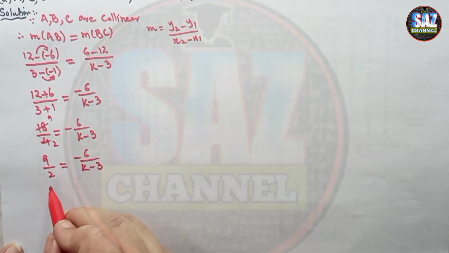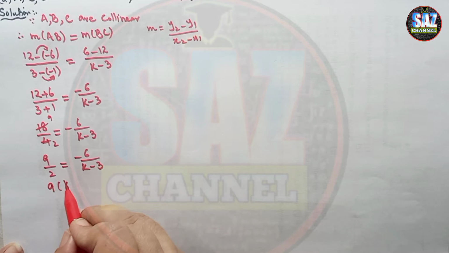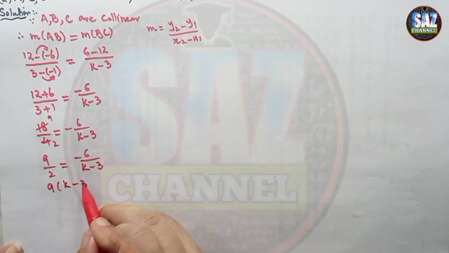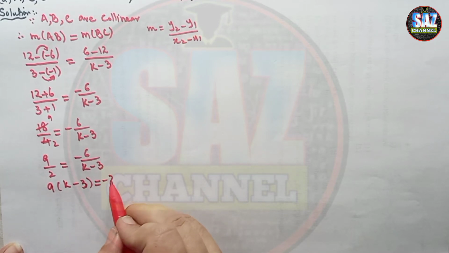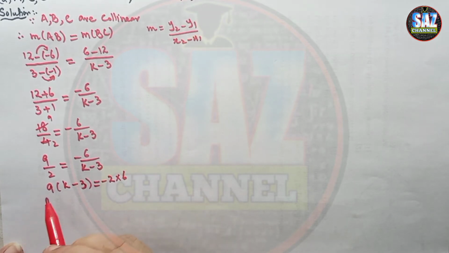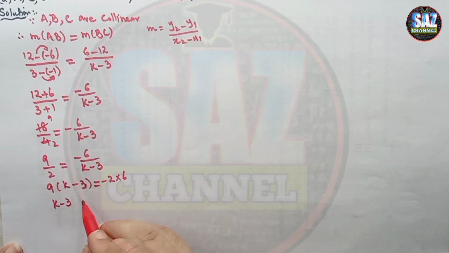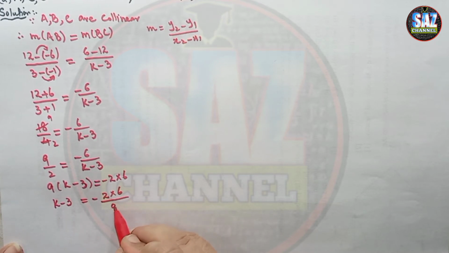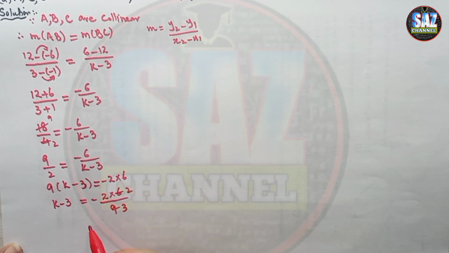Go for cross multiplication. 9 into K minus 3 equals minus 2 multiplied by 6. First shift this 9 to the other side. K minus 3 equals minus 2 multiplied by 6 upon 9. 3 3s are 9 and 3 2s are 6, and I am left with minus 4 by 3 and K minus 3.